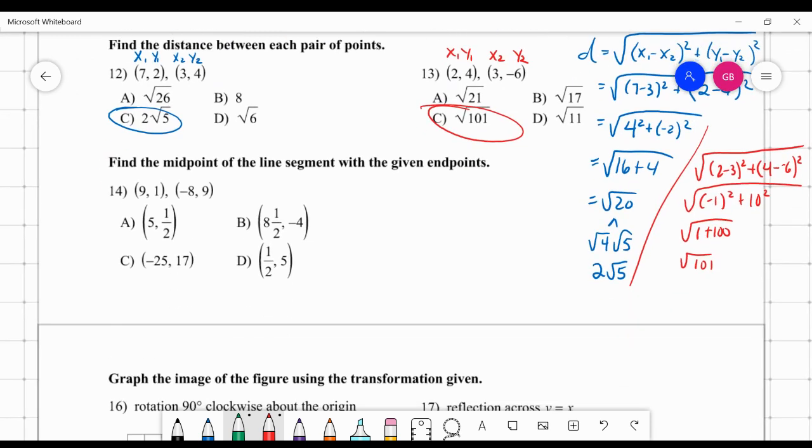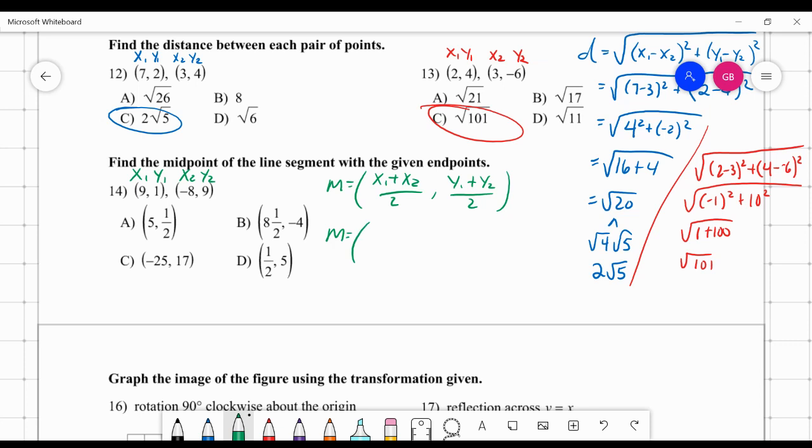All right, 14. Find the midpoint of the line segment with the given points. And remember, midpoint is the sum of the x values divided by 2, comma, the sum of the y values divided by 2. I label my points.